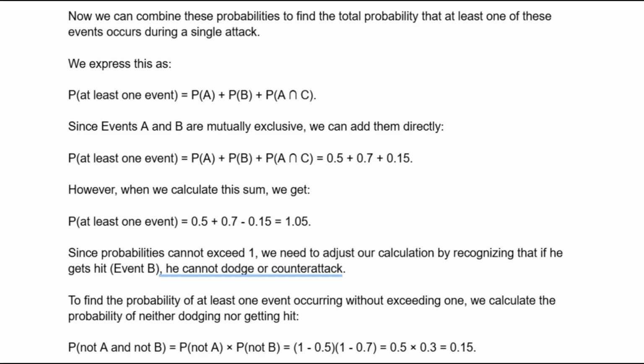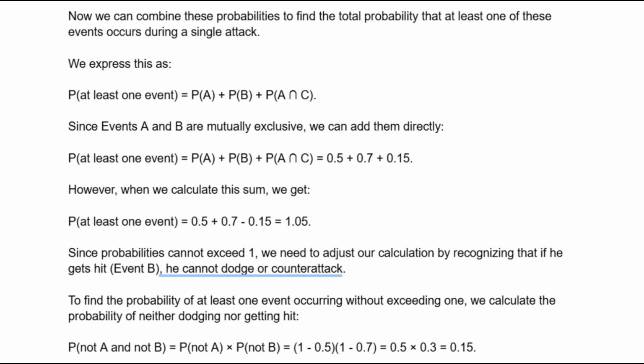Since probabilities cannot exceed 1, we need to adjust our calculation by recognizing that if he gets hit, event B, he cannot dodge or counterattack. To find the probability of at least one event occurring without exceeding 1, we calculate the probability of neither dodging nor getting hit.